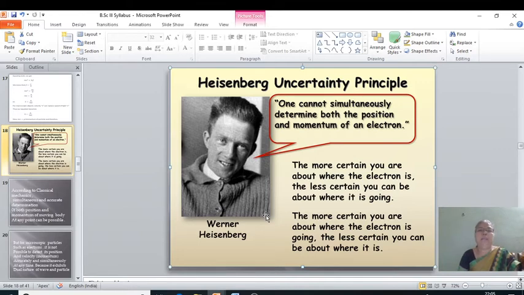Similarly, electromagnetic radiation or energy also behaves as a particle and a wave. Then another scientist, Heisenberg, stated his principle, and it is known as Heisenberg's Uncertainty Principle.